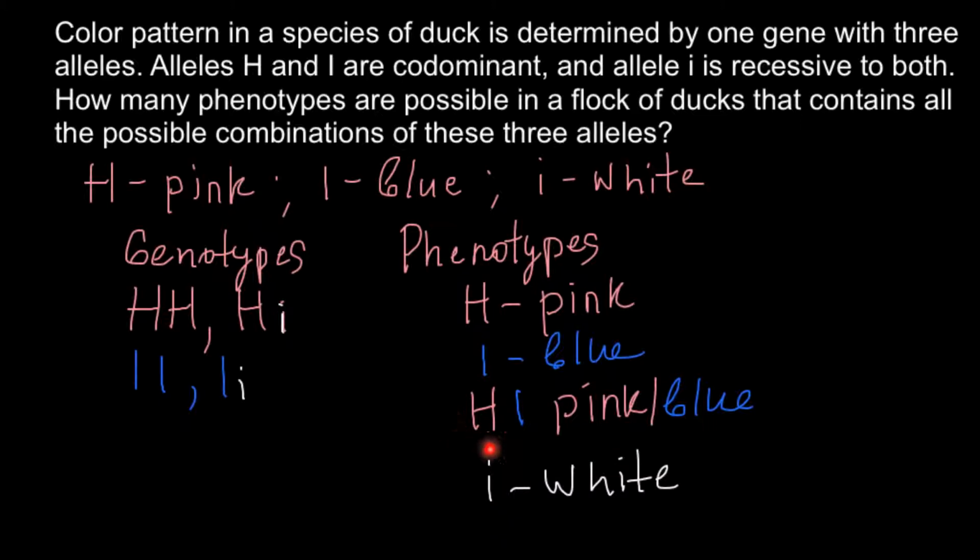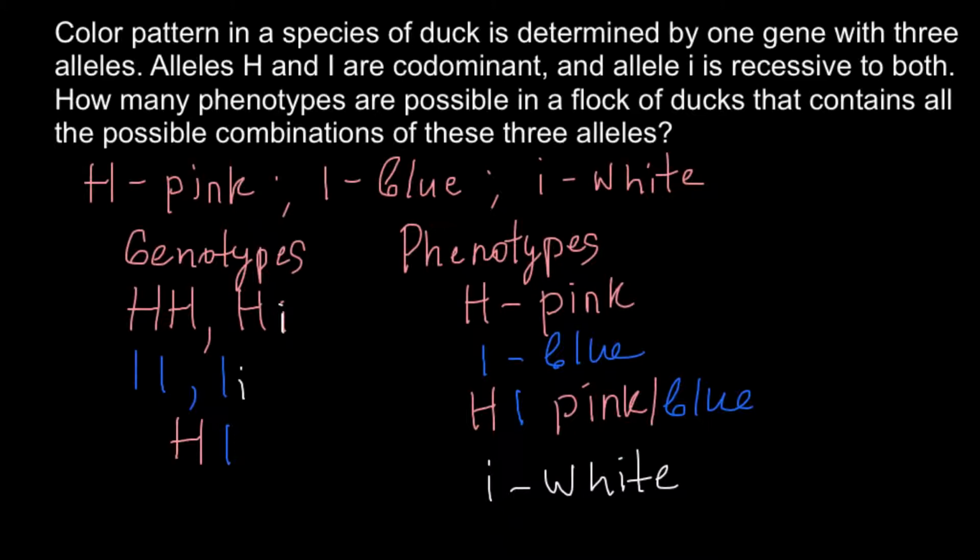And as for this color here, that is pink and blue, there is only one genotype possible, that is capital H and capital I. Only one genotype would produce this pattern. We also can say that it can be capital I and capital H, but this is going to be the same.